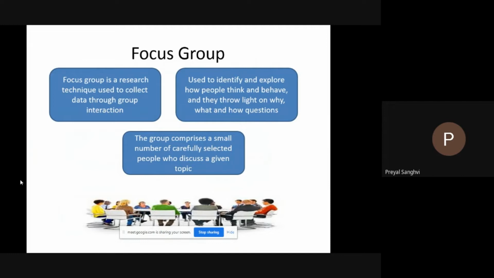So the discussion will be among 8 to 12 members who prefer to read Ahmedabad Mirror. They discuss why they prefer it and what kind of content they like to read, and based upon the discussion the researcher is able to understand why people prefer the Ahmedabad Mirror newspaper.